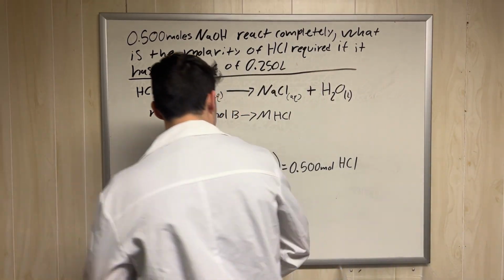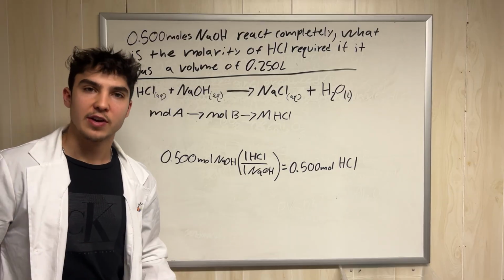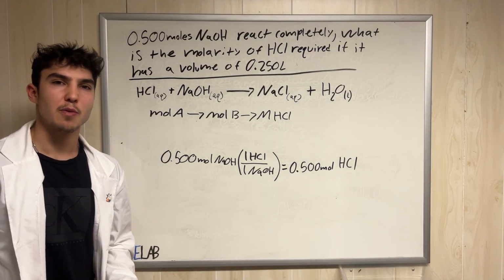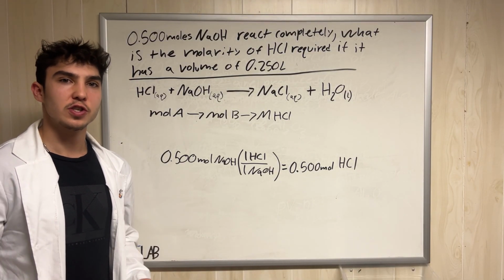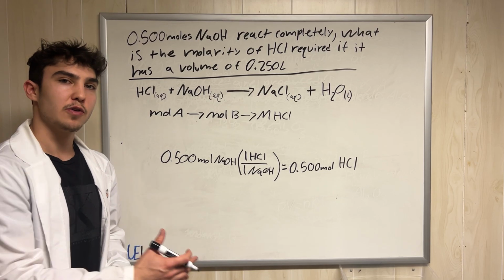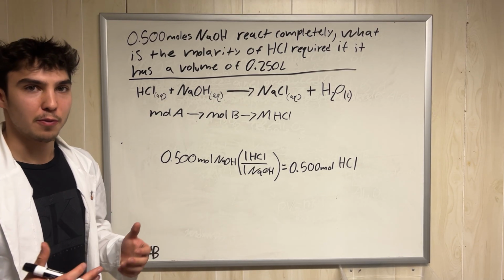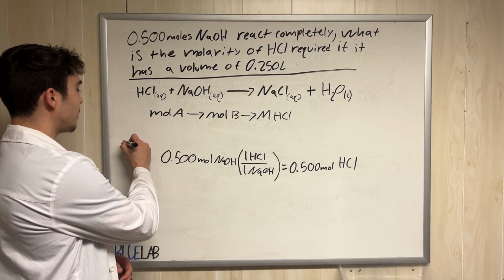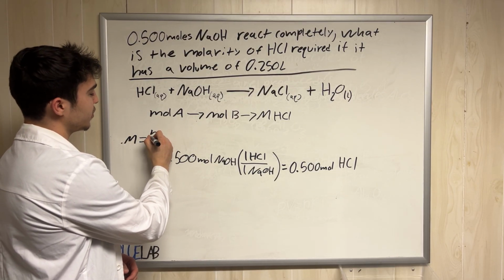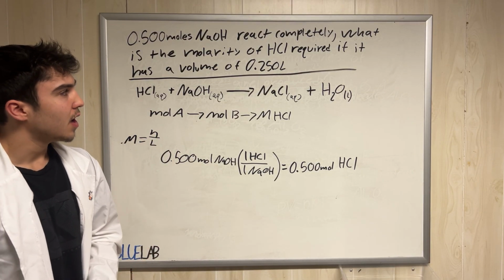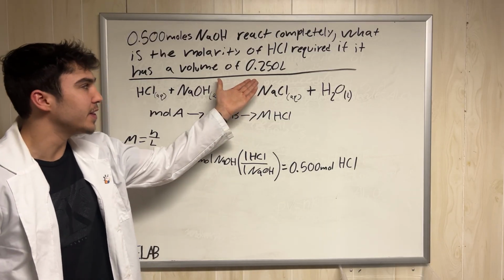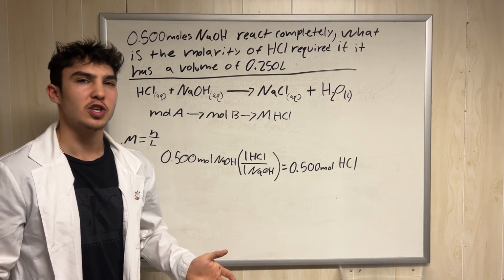That was pretty simple. Now we can move on to our molarity of HCl. So now that we have our moles of HCl, we can simply use our conversion to convert to molarity of HCl. Now we know that the formula for molarity is molarity equals moles per liter. And fortunately, we're already given the volume in liters, which makes our job very easy.